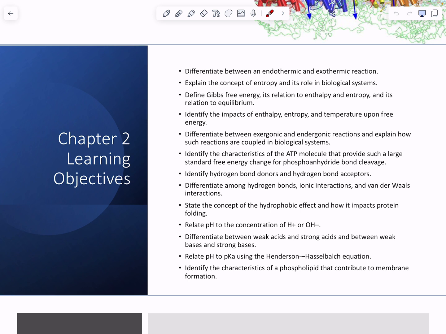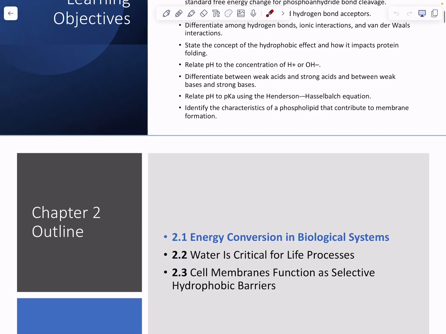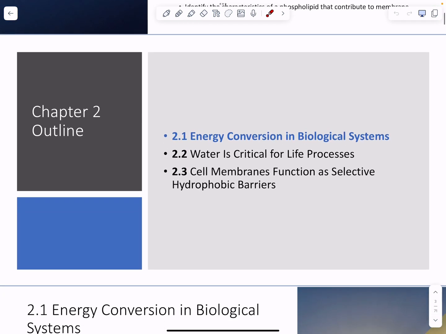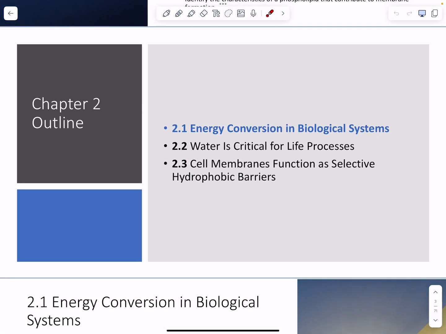And those things that control the behavior of a system in biochemistry boil down to intermolecular forces and the impact of the pH of the environment, which again we're working with in lab. And then we will talk about membranes and how they control the environment to a certain extent.